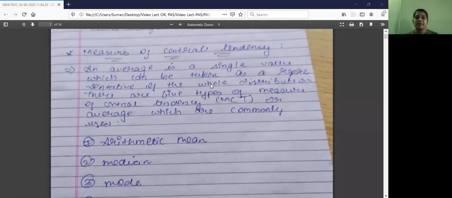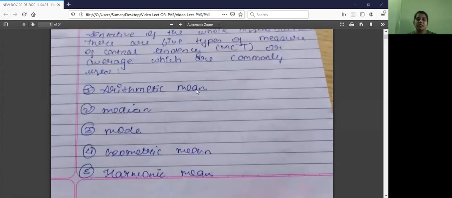What is a measure of central tendency? An average is a single value which can be taken as a representative of the whole distribution. There are five types of measure of central tendency, or average, which are commonly used: first is arithmetic mean, second is median, third is mode, fourth is harmonic mean, and fifth is geometric mean.